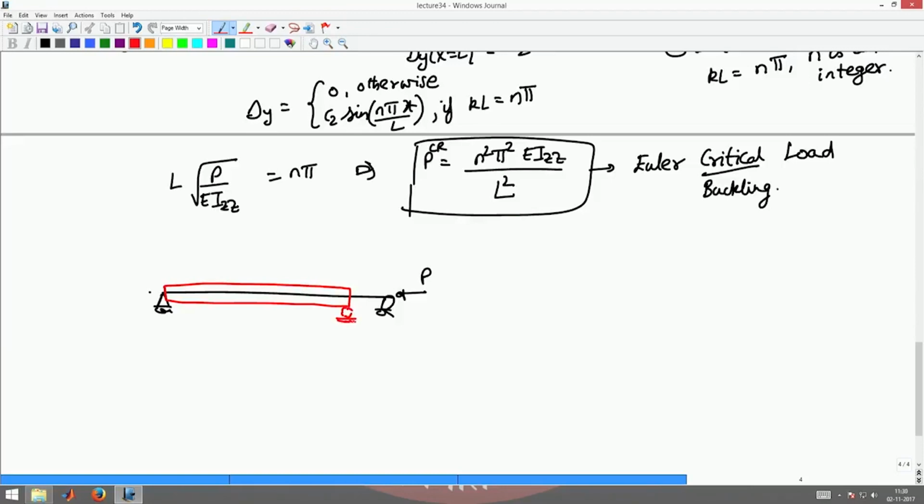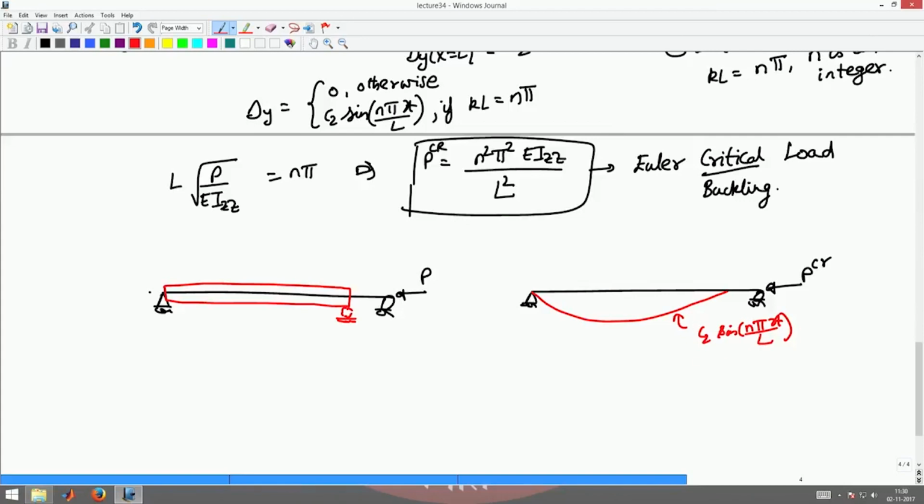If P is equal to P critical, then an alternate solution arises, which is this one, given by C2 times sin n pi x by L. Still I haven't determined what C2 is.